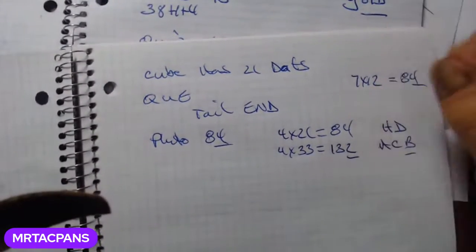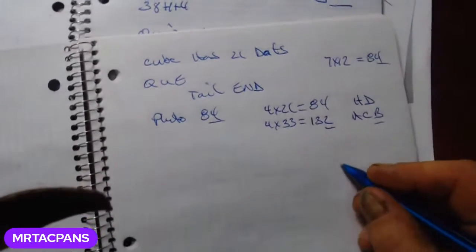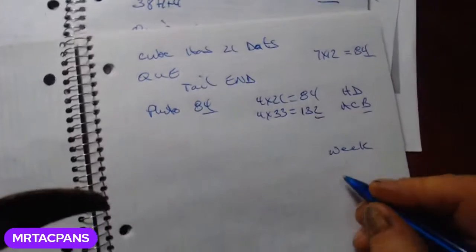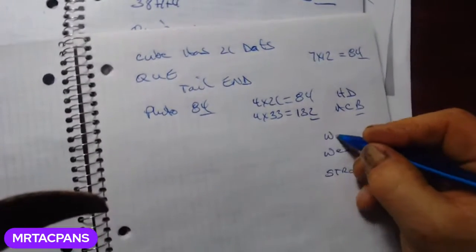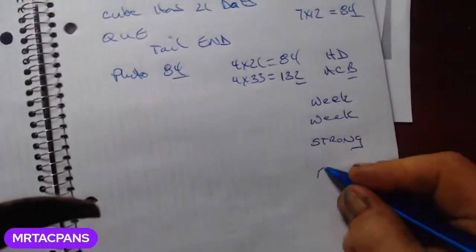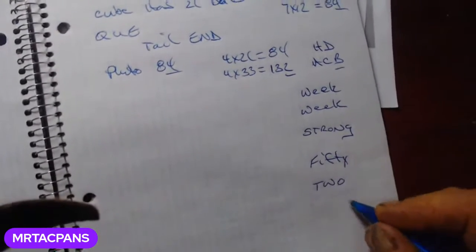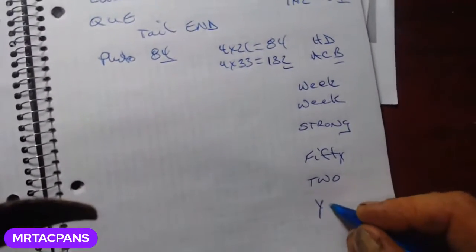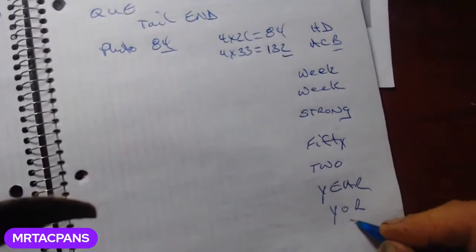So now we can line this up with the week. Well, if we're going to line it up with the week, can we also line it up with the strong or the weak? But the week, it takes 52 of them to make a year. You can also say a yor.